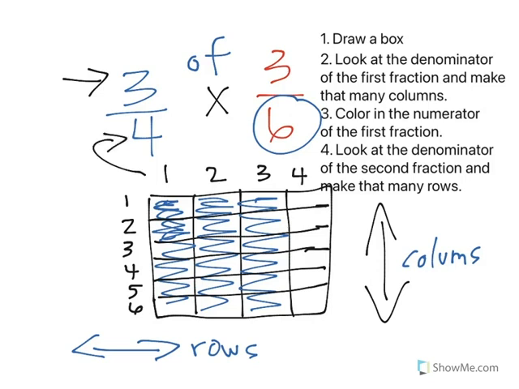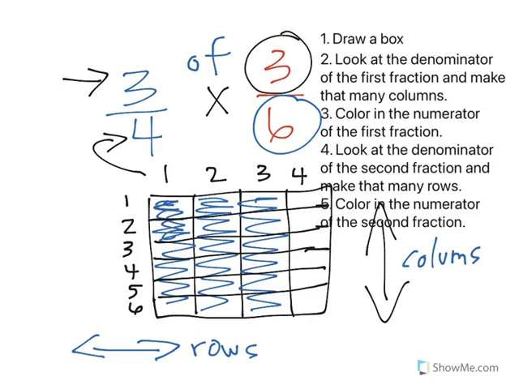So now we're going to look at our numerator, which is 3, and that's how many we're going to color in. All right, so 1, 2, 3.